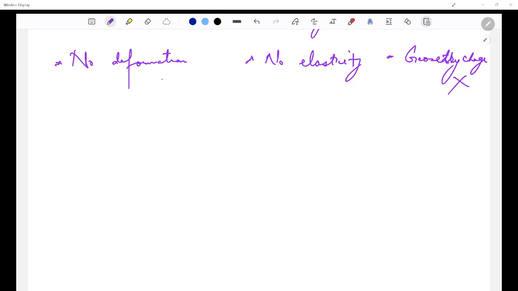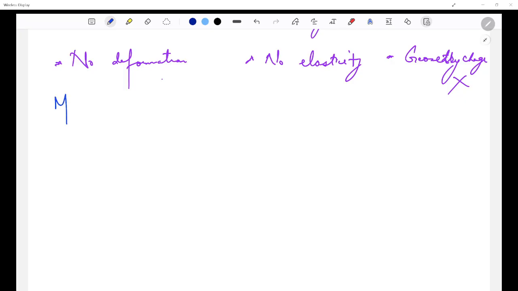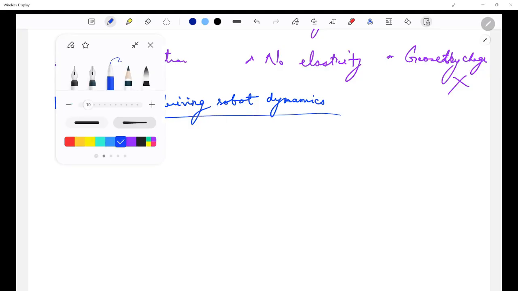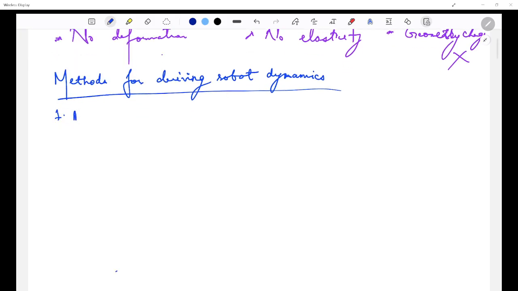So there are some methods for deriving robot dynamics, and from here this is really important. So the first method is the Newton-Euler method.